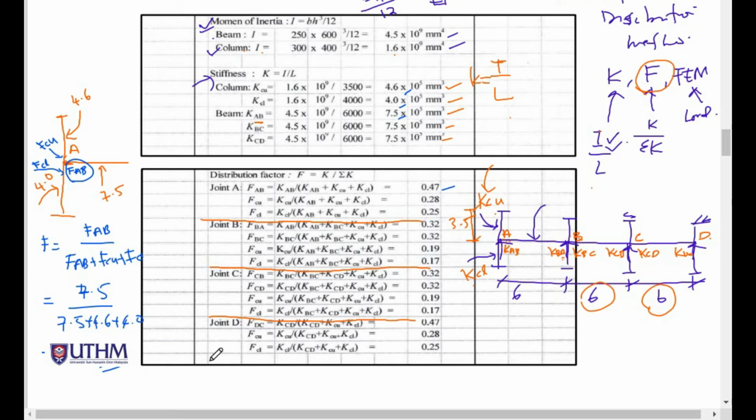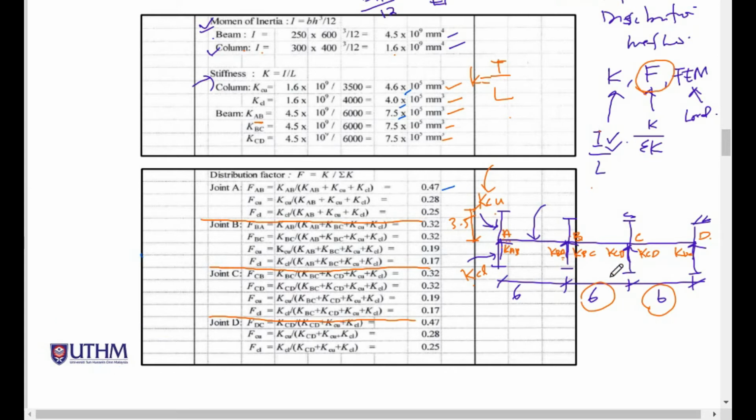The same goes for B. I will show one more example. Okay, let's try B. So here is joint B.